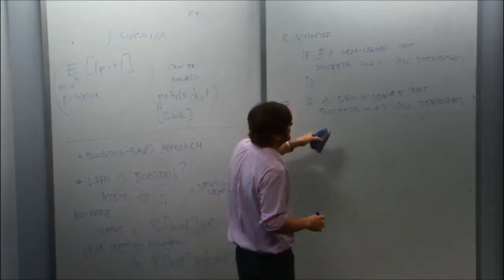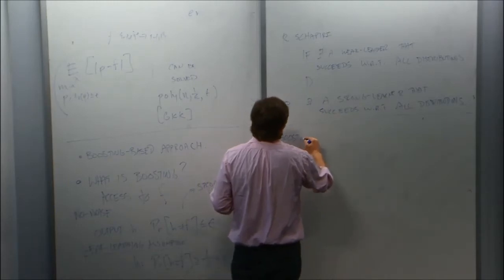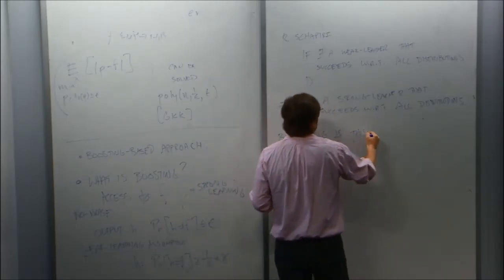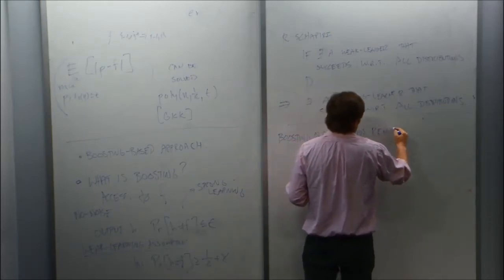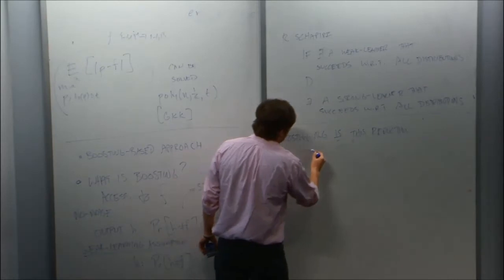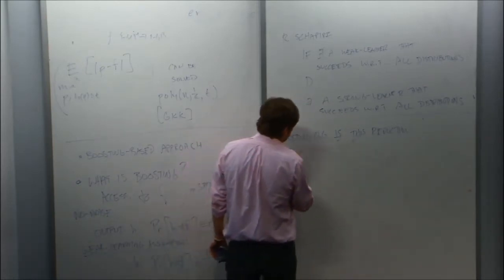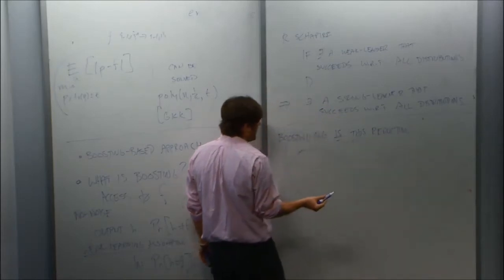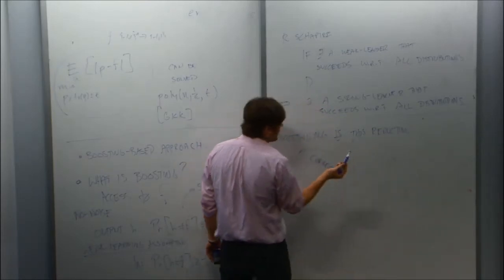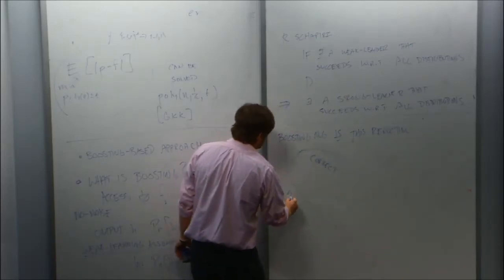So this reduction is called a boosting algorithm. Very roughly, at a very high level, the boosting algorithm will run the weak learner. It will draw a bunch of examples and receive a hypothesis that's correct on some of them and incorrect on others.